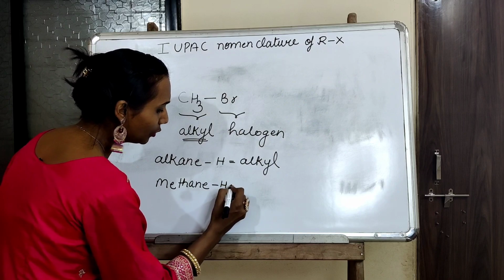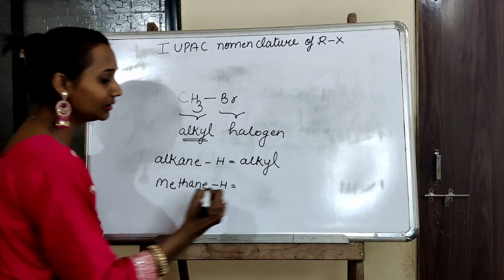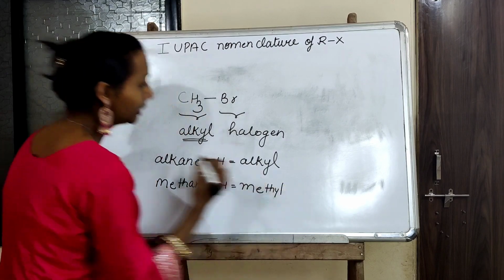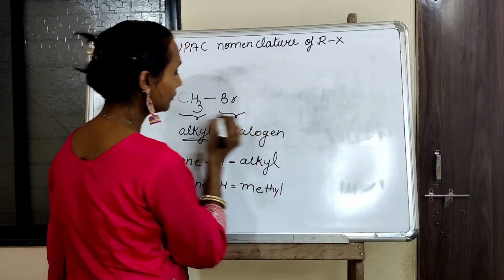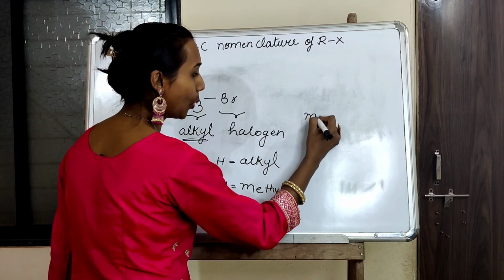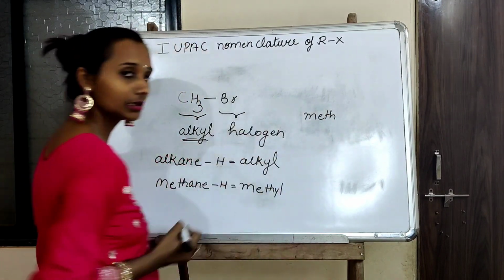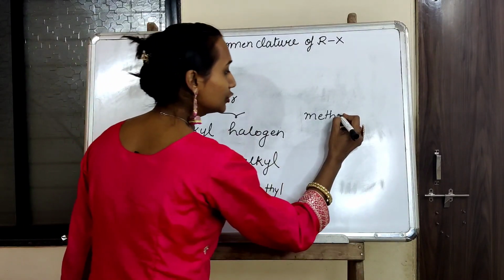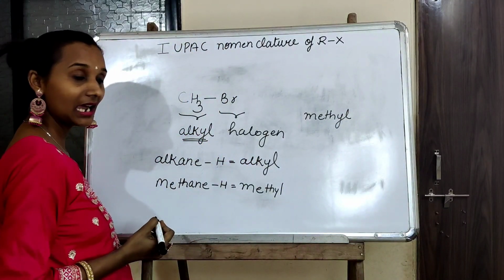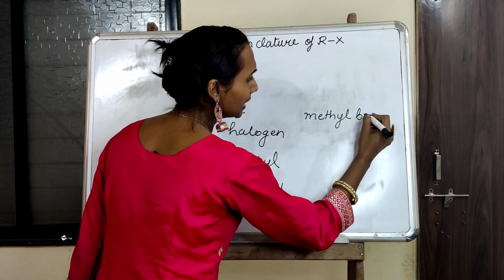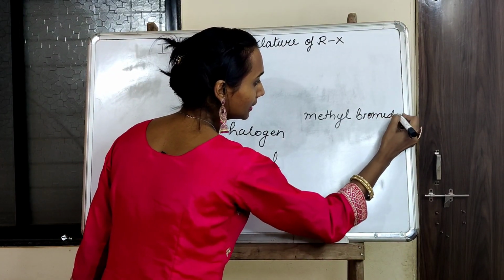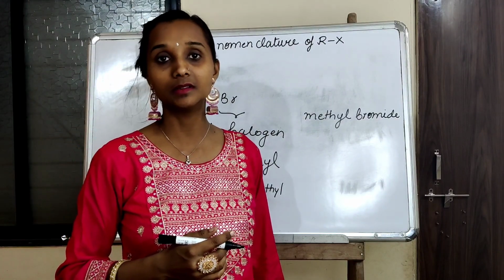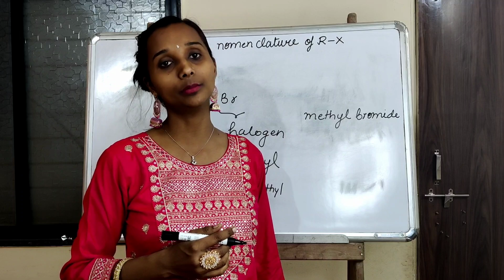If I remove one of the hydrogens from it, it will become methyl. So I will guess the name of this compound. It had one carbon, so meth, and one less hydrogen from the alkane, so yl. So methyl, and what is the name of the halide? That is bromide, but this is the common name. It is not an IUPAC nomenclature.